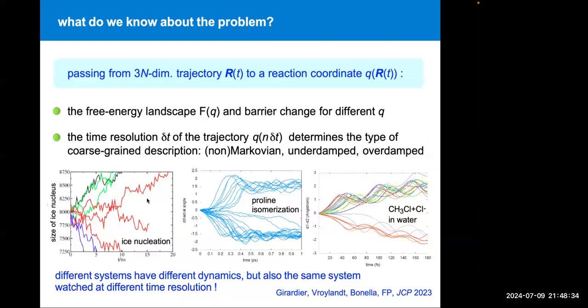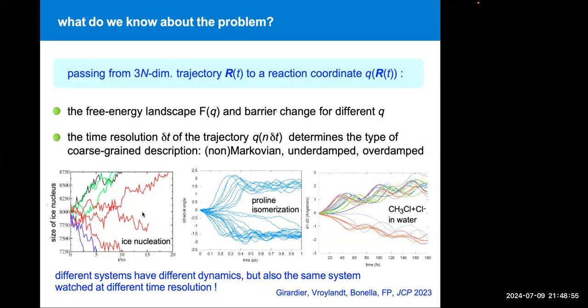These three graphs are trajectories initiated on the top of the barrier, on the transition state. In one case it is ice nucleation, in another the isomerization of a small amino acid, in another a chemical reaction. What you observe are trajectories that relax up and down, because they are relaxing into the two minima, A and B, from the top of the barrier.